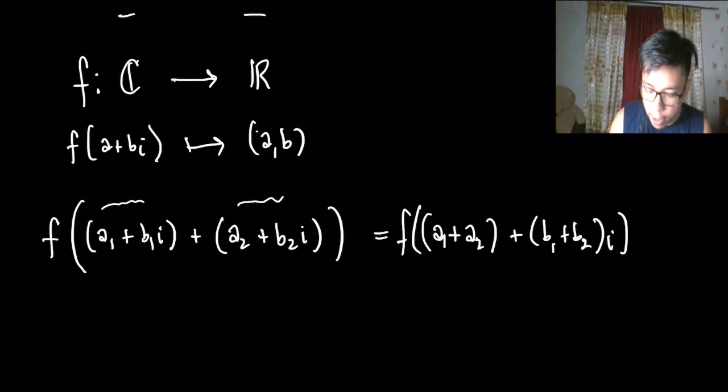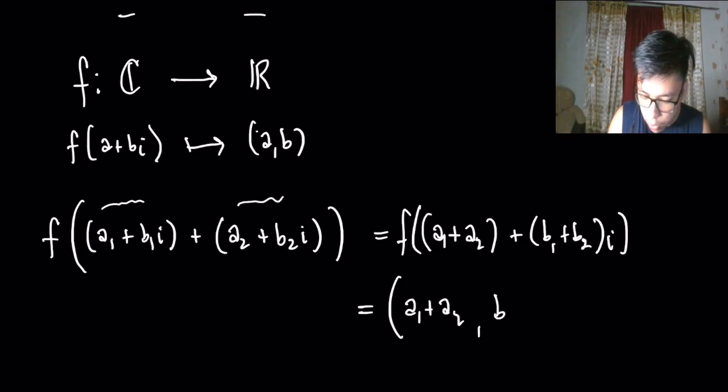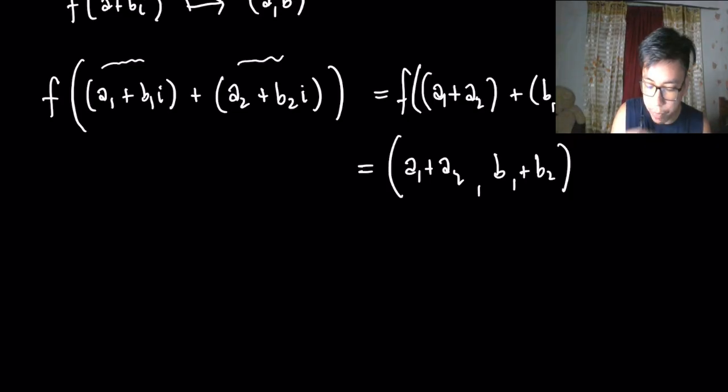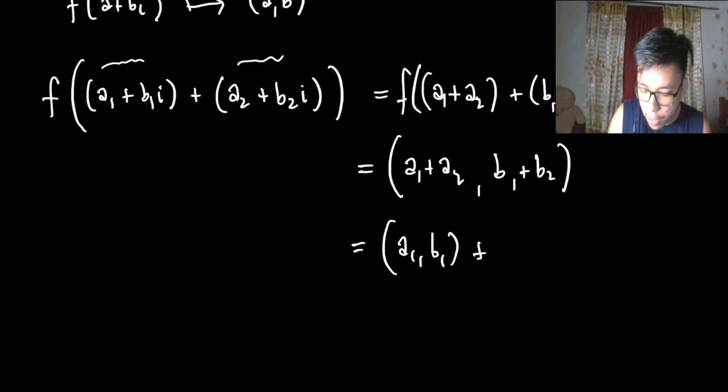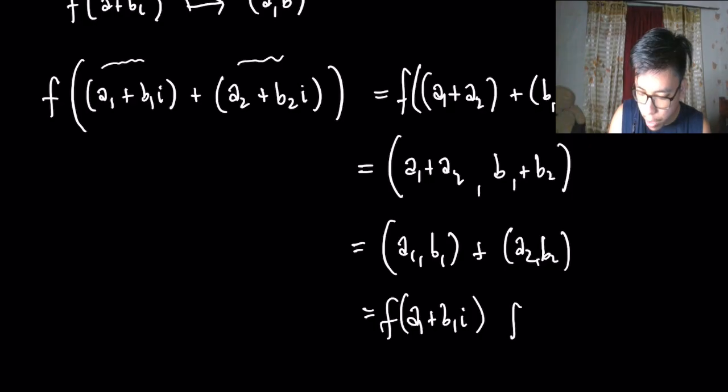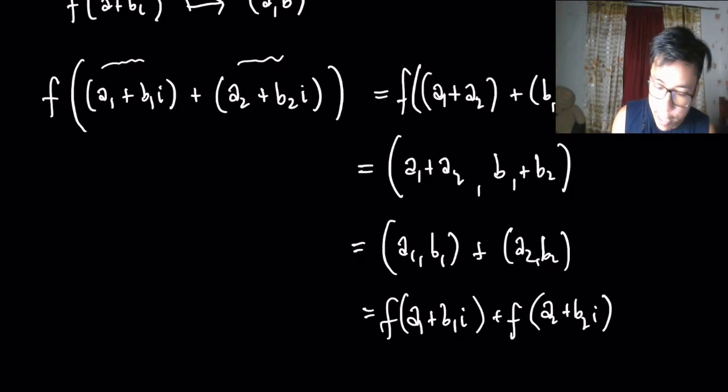That's it. Now, by definition, this is equivalent to a1 plus a2, b1 plus b2. Okay. Well, I can separate this here. I would have a1, b1 plus a2, b2, and this is actually f of a1 plus b1i, and this is f of a2 plus b2i. So condition 1 is satisfied.